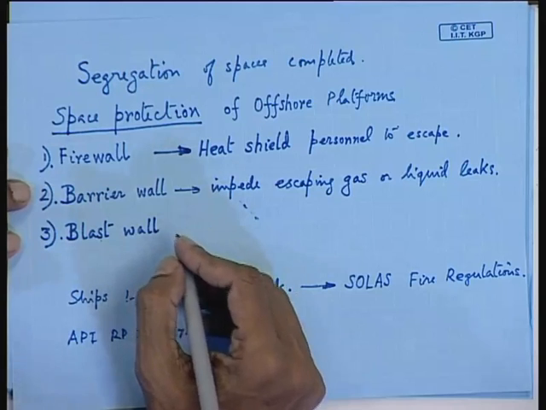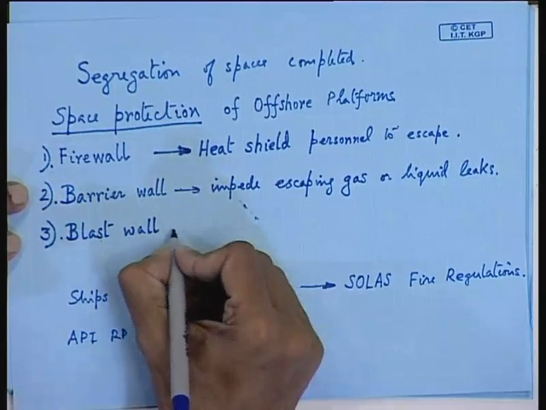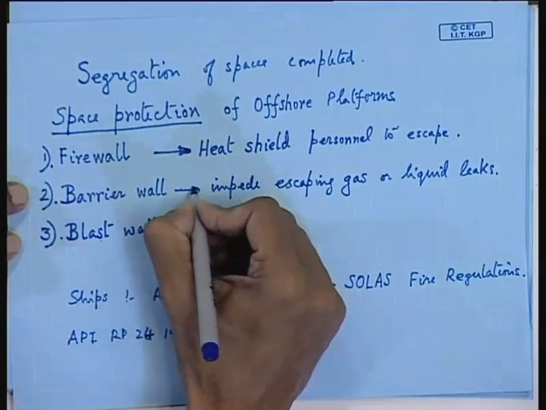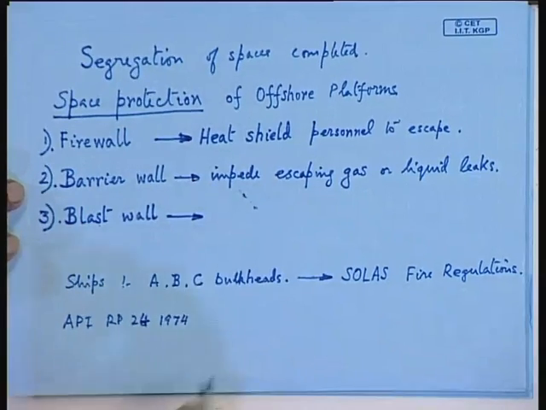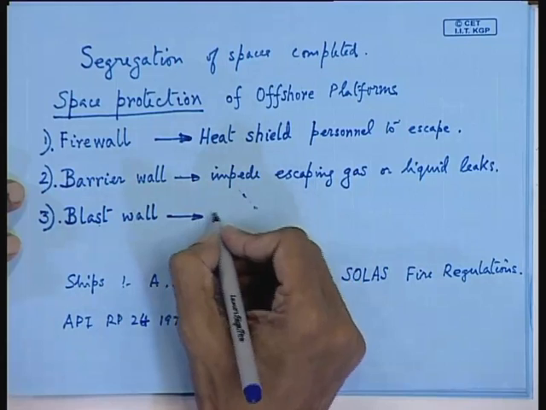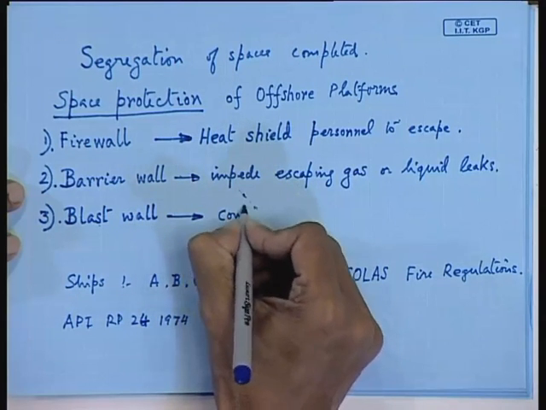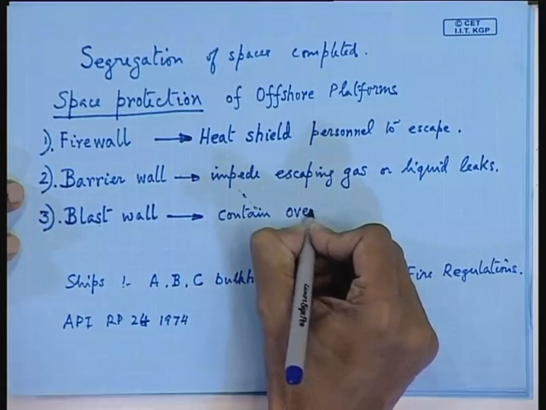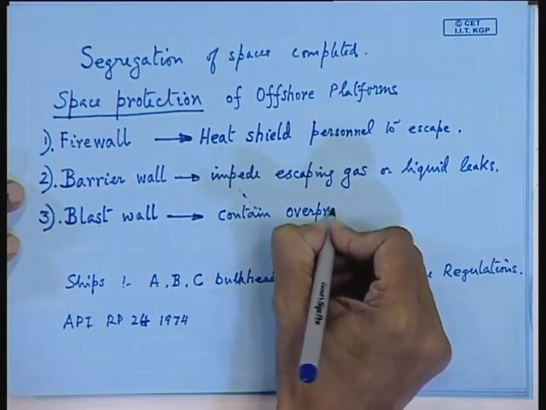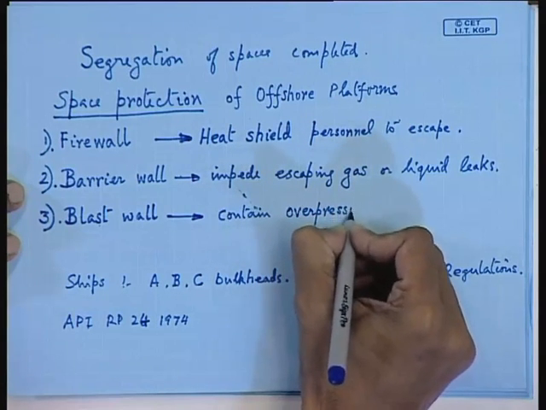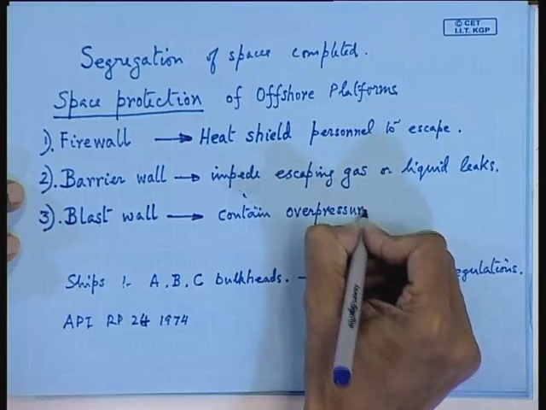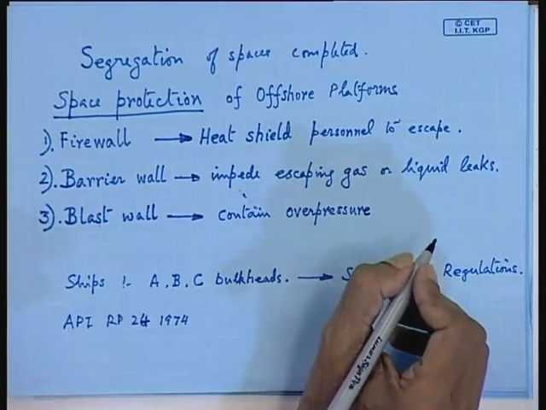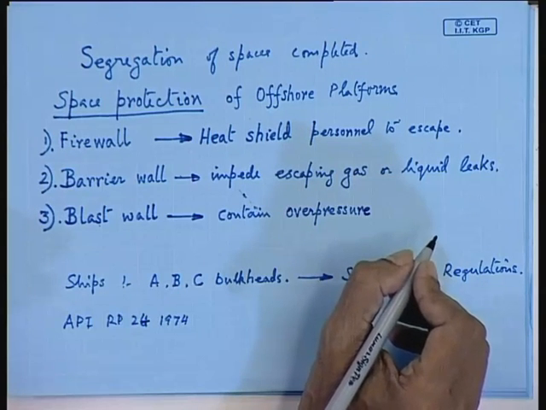And the last one is the blast wall. From the very term blast, you will find that it should contain overpressure. Whenever you come across the word blast, that means there is a sudden buildup of pressure from gases.